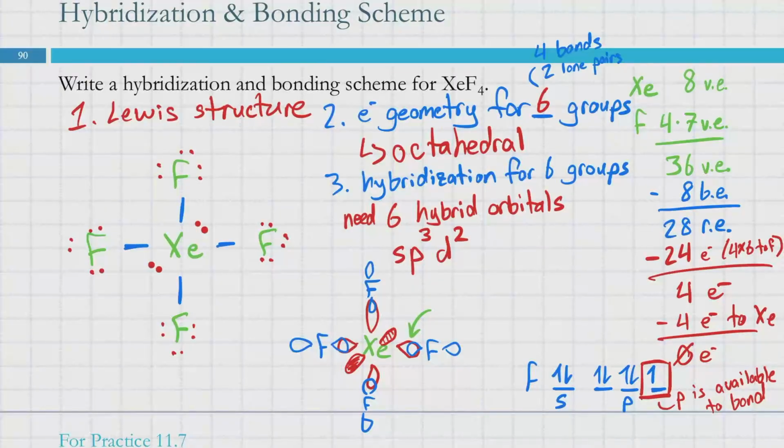It's direct overlap, so it's going to be sigma. Also, we're always going to start with a sigma bond first. So this is a sigma bond. It's between xenon, and the orbital that we're using is the sp3d2, and that's bonded with fluorine. Fluorine is bonding with p. So that would be our hybridization and bonding scheme.